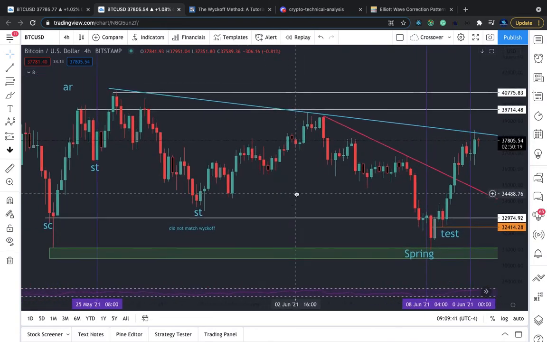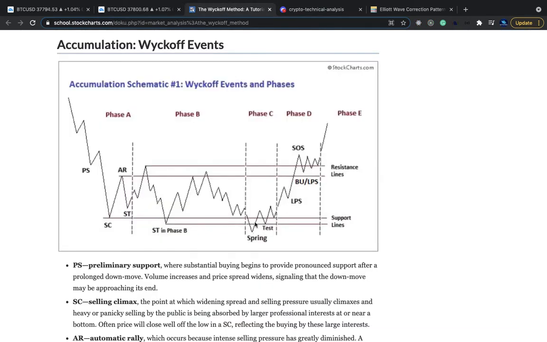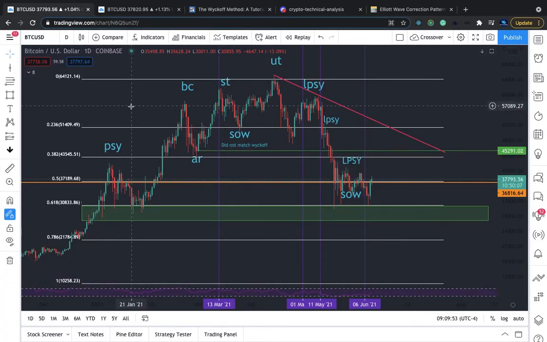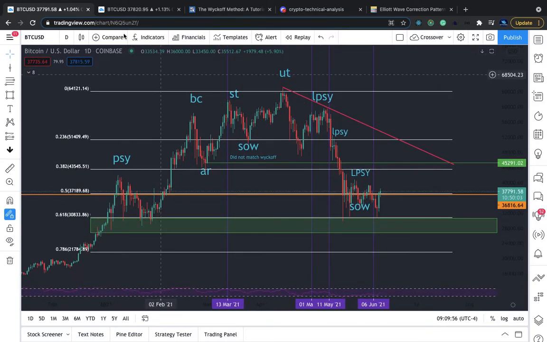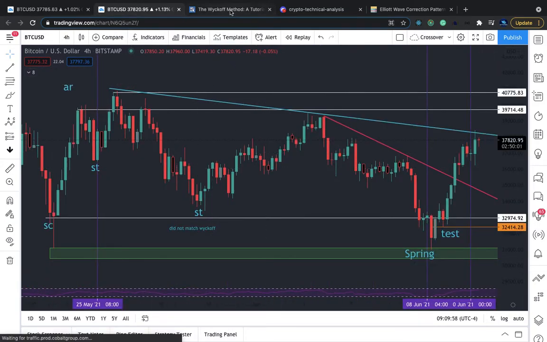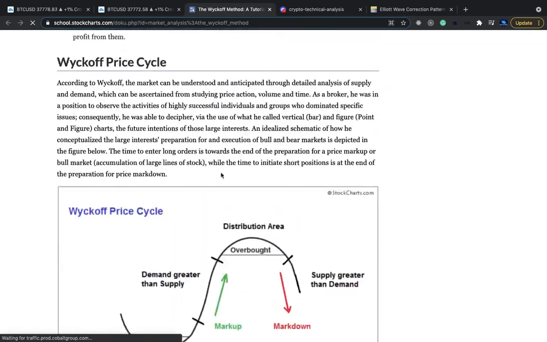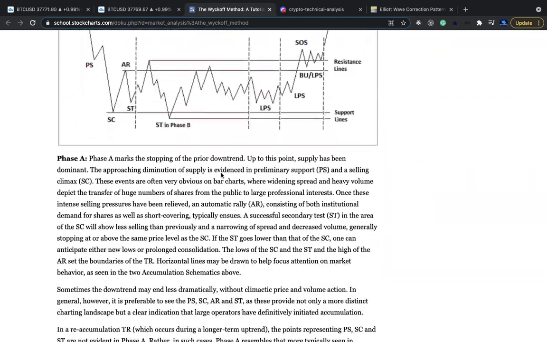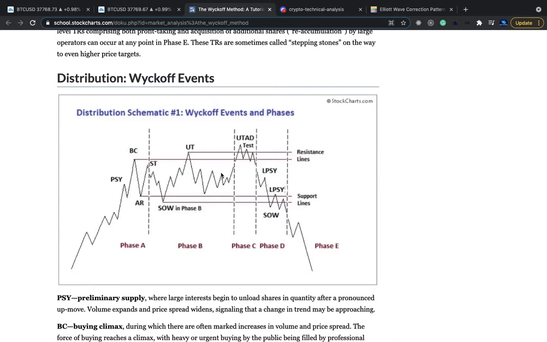the accumulation where I believe we are either here. So it looks like we're getting ready for a bull run. However, I don't want us to jump the gun. I want us to take a look at a different perspective. This is also Bitcoin, the daily chart. As you can see, it looks very similar to the distribution.